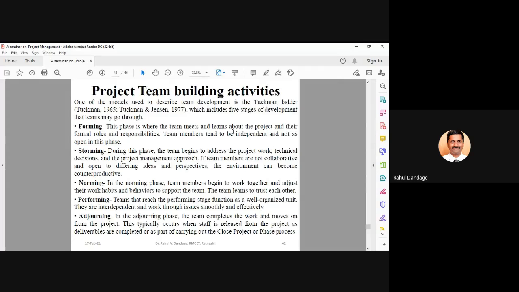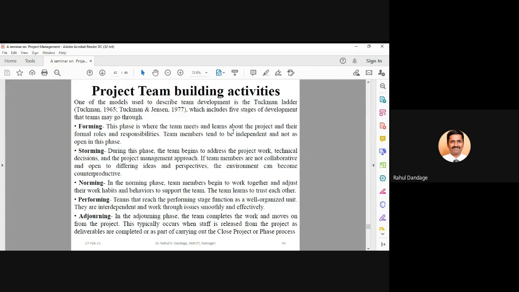They will also try to understand their formal roles and responsibilities as individuals in that particular team. In this phase, the team members will be working independently and will not be very open, or doing much as a team.